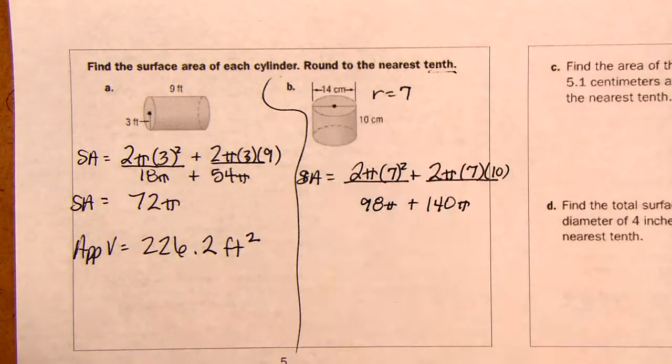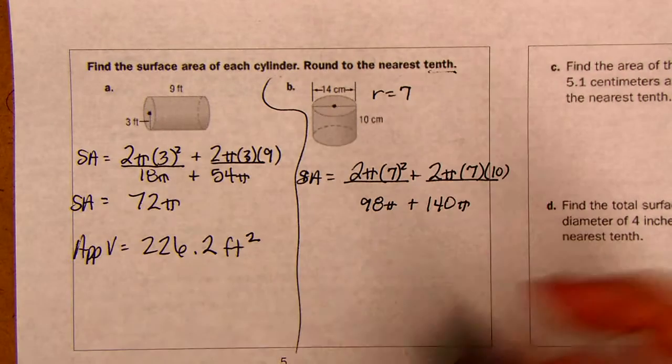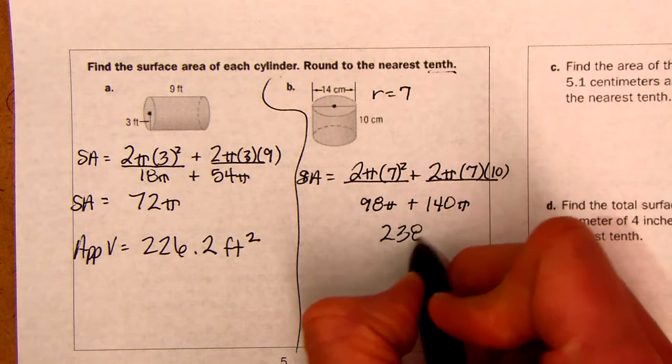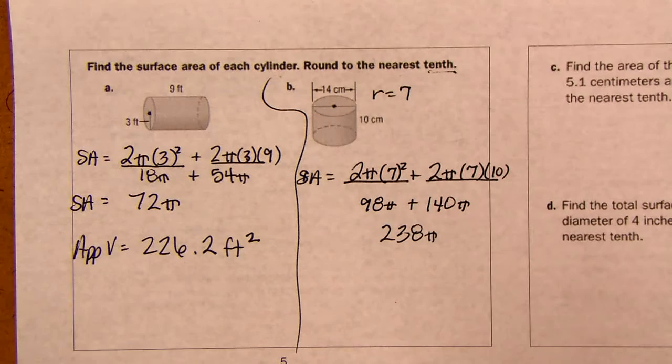That's my exact answer. And my approximate answer, when I multiply by pi and round, is 747.7 centimeters squared.